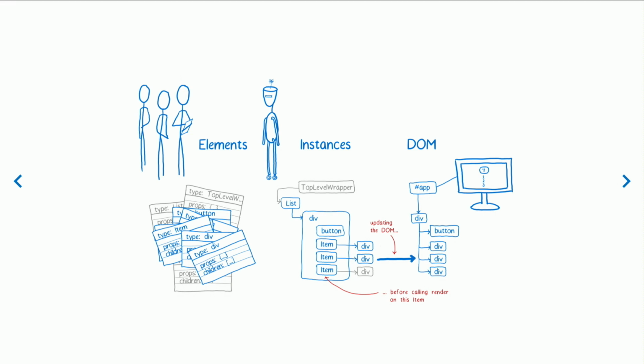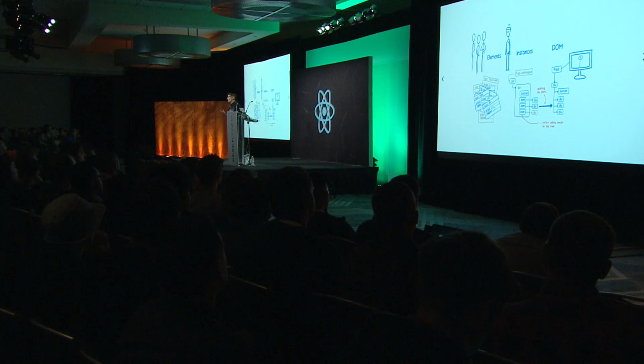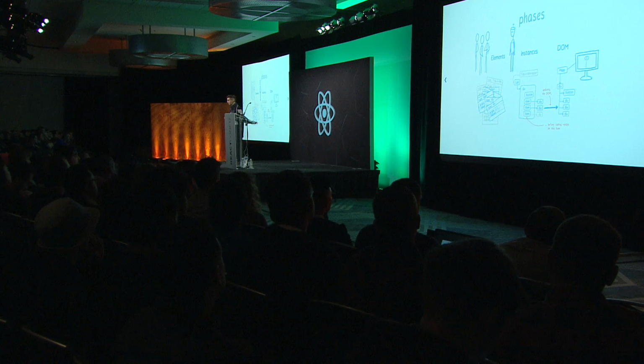This works if you're doing everything all at the same time, if you're doing things synchronously. But if you need to interrupt this, if you need to take a break in between those two, then the browser will say, OK, well, I need to paint, I need to do a layout, and change this from 2 to 4. But it won't have the information to change the things below that. So your UI will end up being inconsistent.